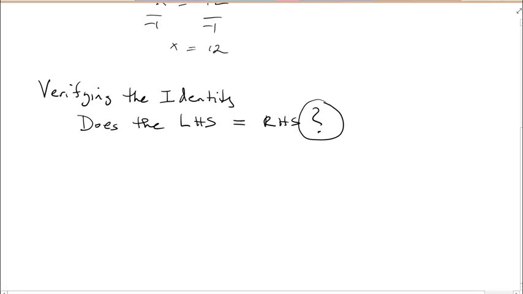So what does that mean? Suppose I had to verify the identity and it looked something like this.